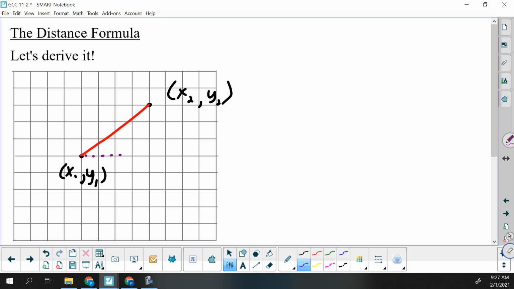Well, we're going to set up our distance formula using the Pythagorean theorem. That base length is the difference between our x values. So we could call this x2 minus x1. Our height could be determined by doing your y2 minus your y1.